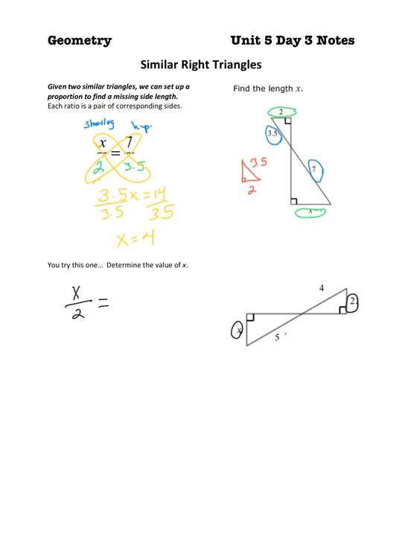So that would be 5 and 4. Am I right? Yes, I am. So now, cross multiply. Okay. So we have 4x equals 10. Divide both sides by 4.